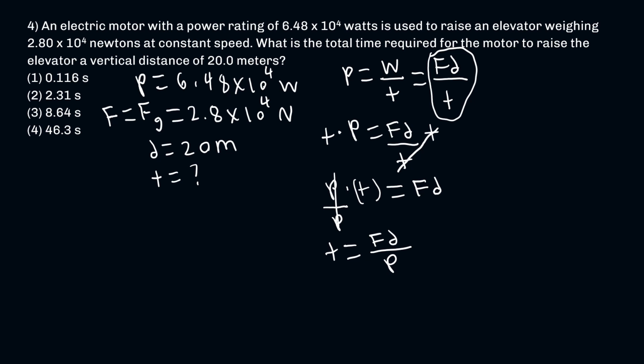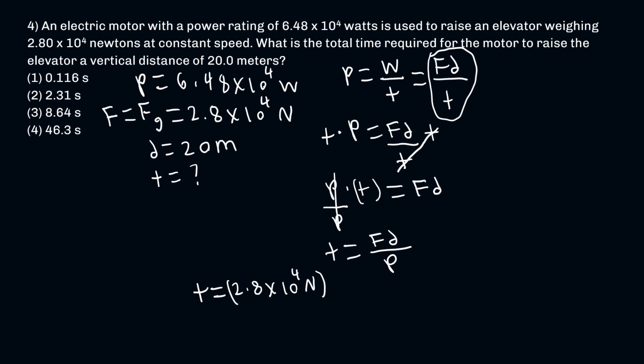Let me move it over a tiny little bit so I don't run out of room. So I'll start over here. So time is equal to, my force is the force due to gravity, or the weight of the elevator. That is going to be 2.8 times 10 to the 4th newtons.